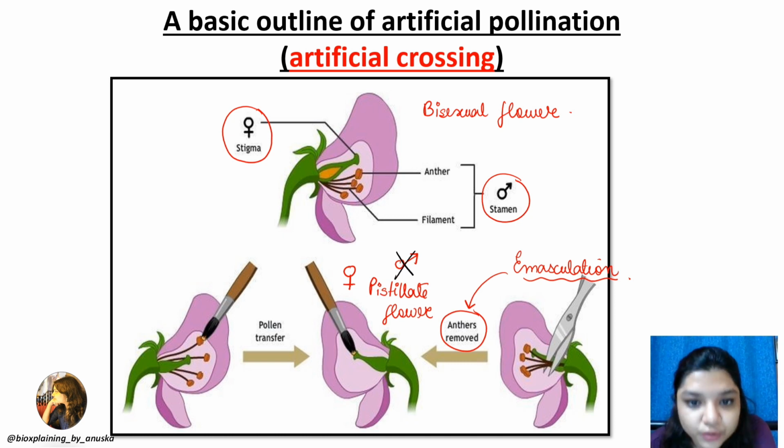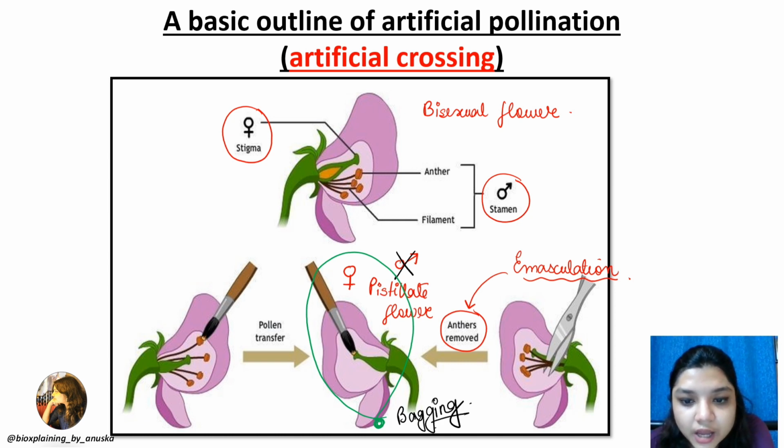Then what you have to do is cover this pistillate flower in a bag. So when you cover it in a bag, what do you call that process? You call that bagging. After bagging is done, what do we do?